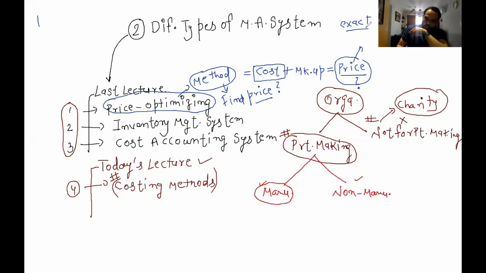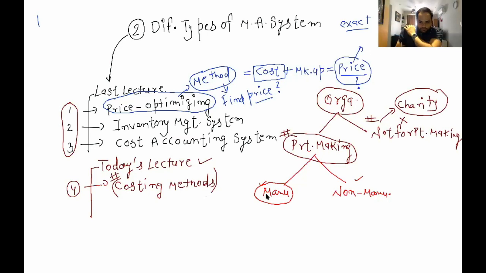So it's really important for organizations to apply the right method to estimate the right cost, right? If the method is wrong, your cost estimation is wrong, the price is wrong, and decision making will be affected, right? So that's the idea behind costing methods. That's why costing methods are very important, right?